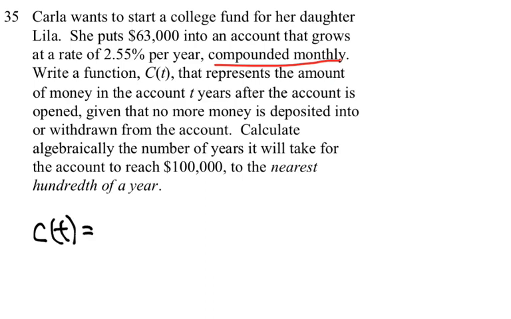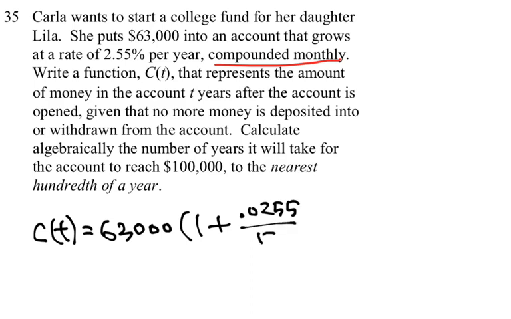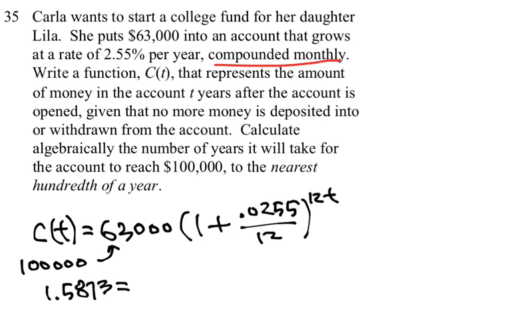So when you look at C of t, it must be equal to the initial money put in, and that's basically what we have. Now, if you plug in 100,000, then we get 1.583 as a division, because 100,000 divided by 63,000 would have been that much.